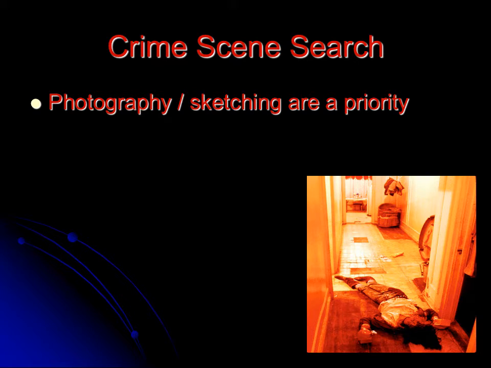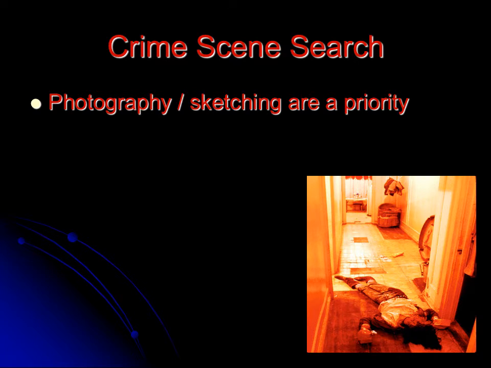As I mentioned at the top of this presentation, photography and sketching are a very big priority when you first approach a scene because, again, you want to tell the jury later in the case how the scene was when you found it. So photographs are taken prior to anything being moved to the extent possible.